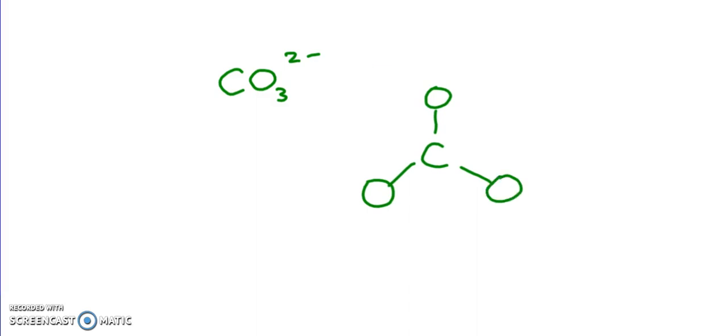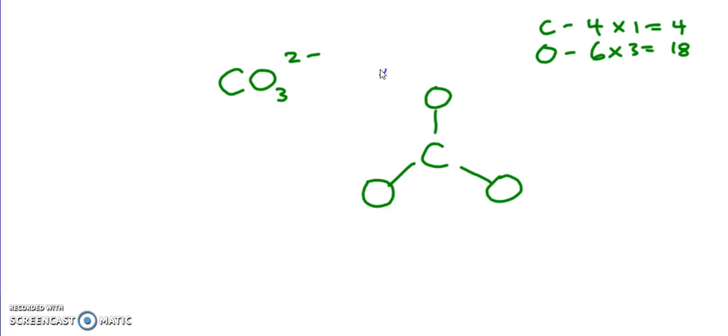And so I'm going to go ahead and run the numbers. Carbon, what's his valence? 4, and there's only one of him. So you get 4. How many for oxygen as a valence? 6 times 3 gives you 18. But when you have an ion, if you have a negative ion, which this guy is, you have to add, or you have to subtract if you get a positive ion.